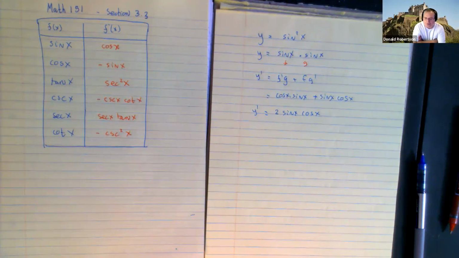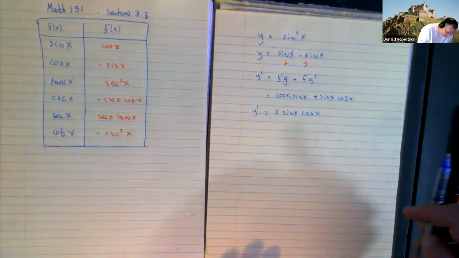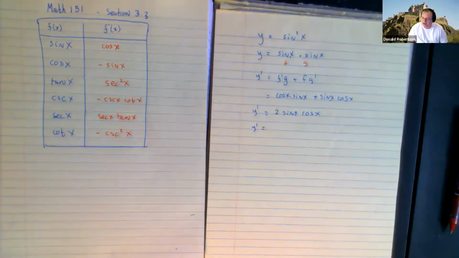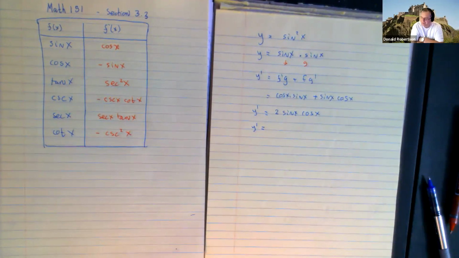But rule number 3 in style points is use trig identities, if there's one, to make it look even nicer. Does anybody recognize 2 sine x cosine x? It's a trig identity.